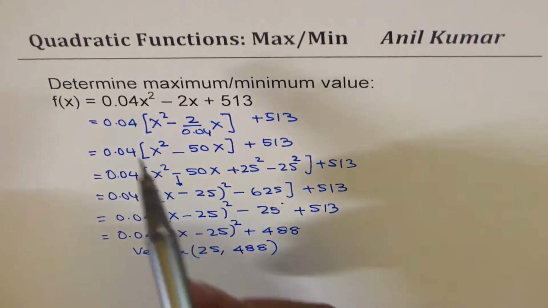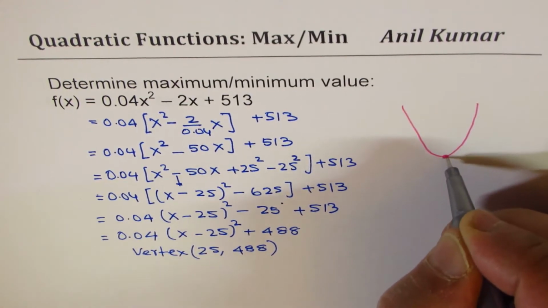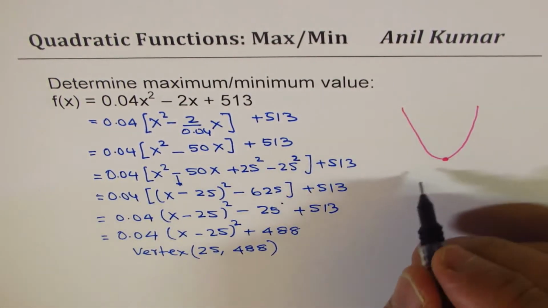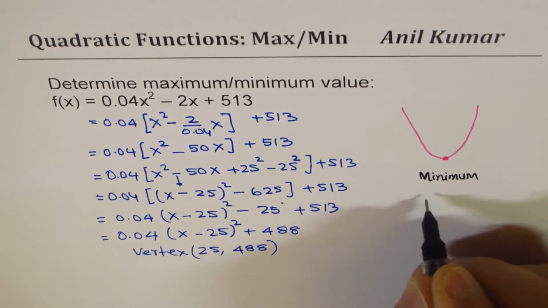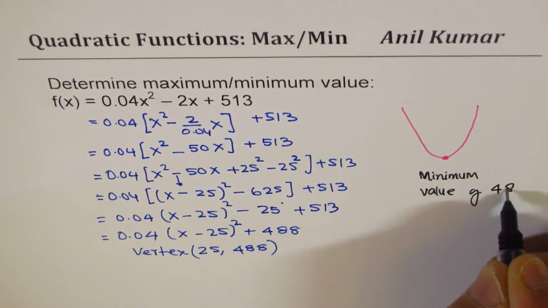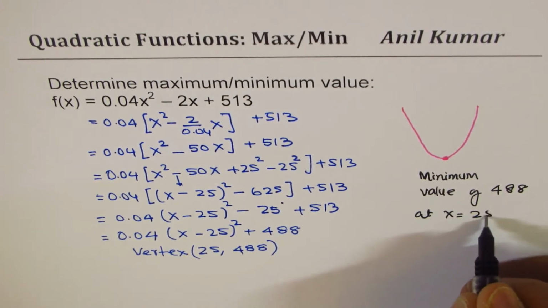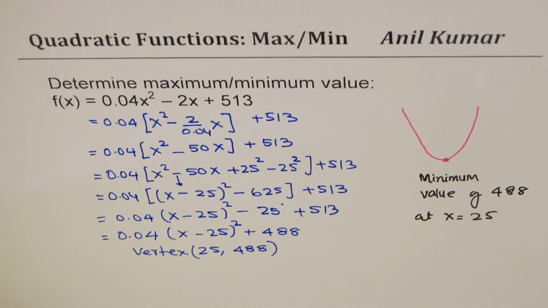Perfect. Since it is positive, we have a parabola which opens like this, and therefore what do we have here? We have a minimum value of 488 at x equals 25. Does that make sense to you, right? So that is how you're going to solve them, correct?